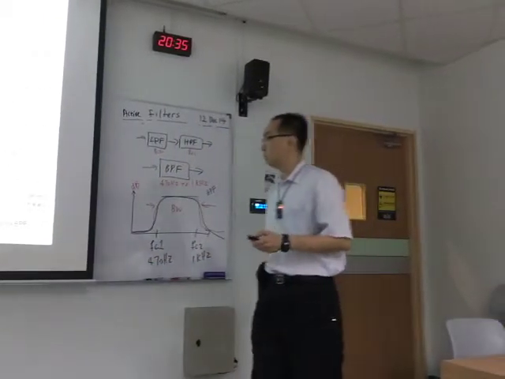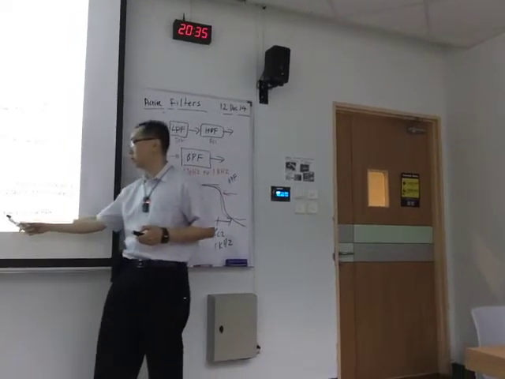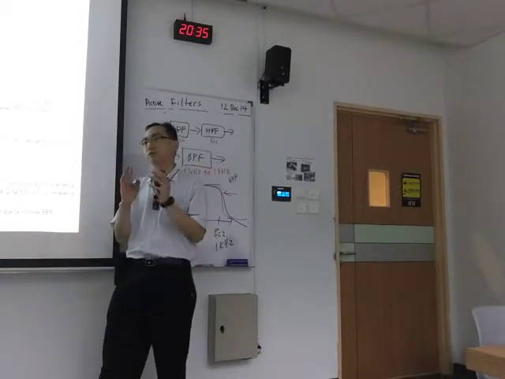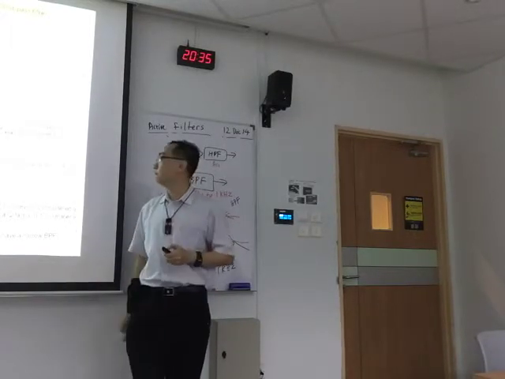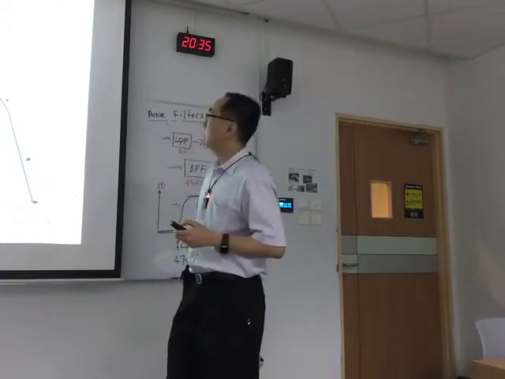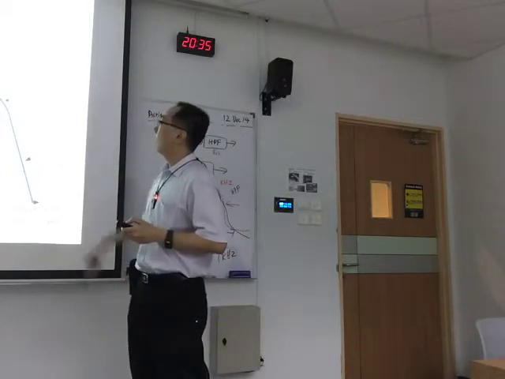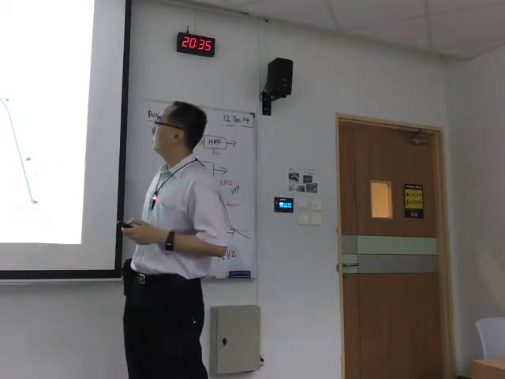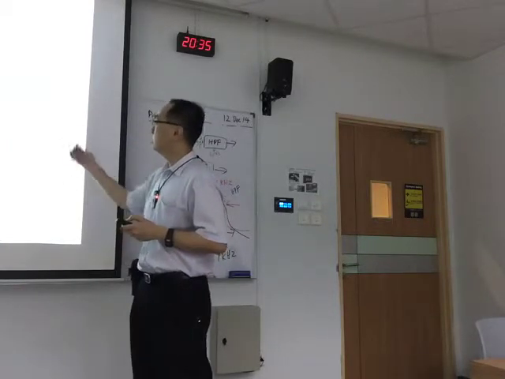So that's why it says here that it's quite an advantage to have a narrow band pass filter. Not too wide, you want just about narrow. Okay, so this is just another diagram to show you.